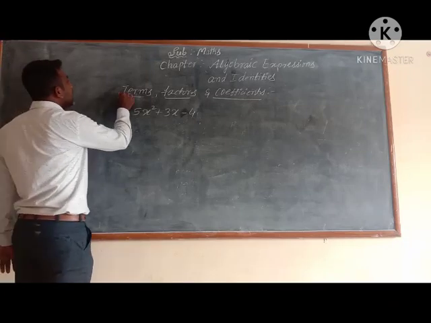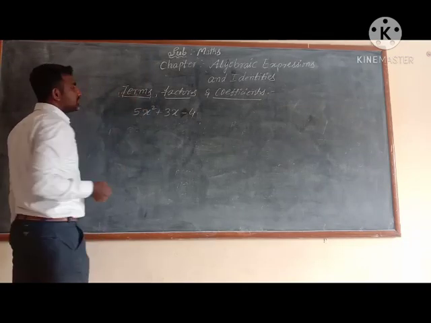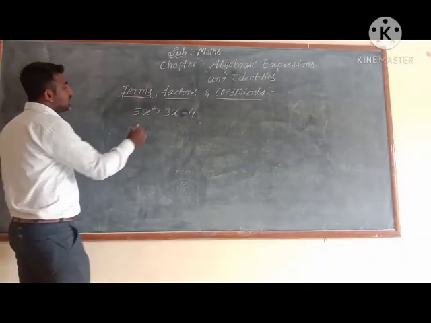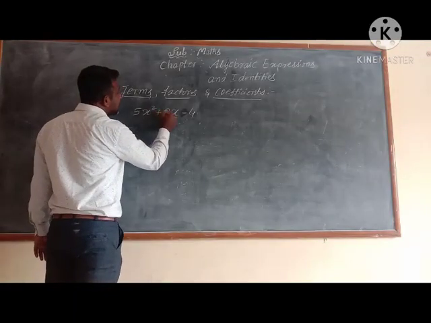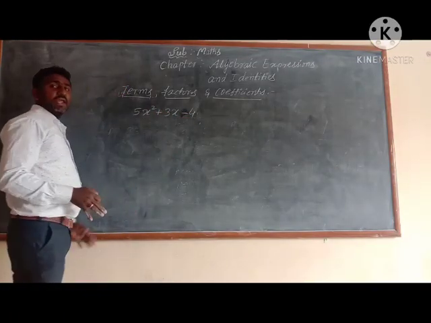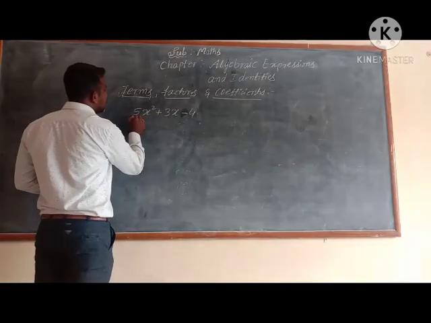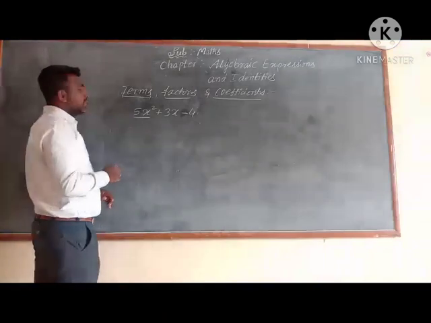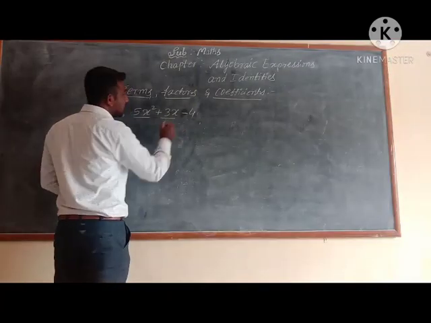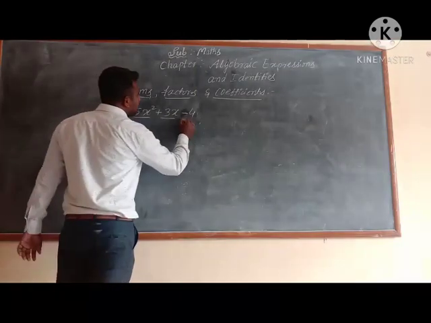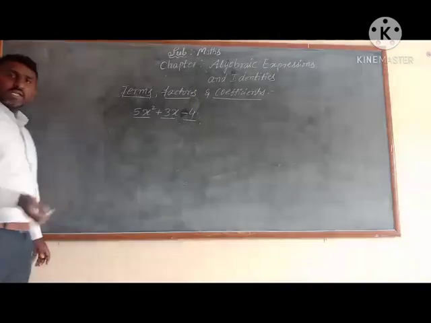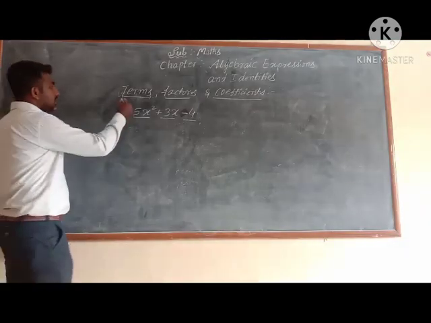First we go to the terms. We can see that plus and minus separate the terms. It means 5x square is one term, plus 3x is another term, and minus 4 is another term. Okay, terms.